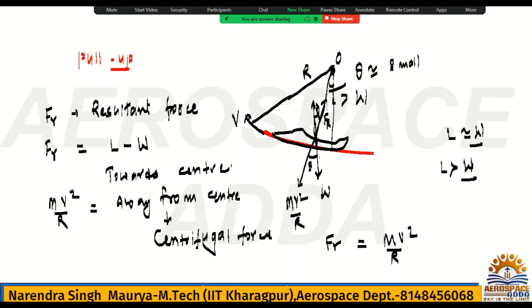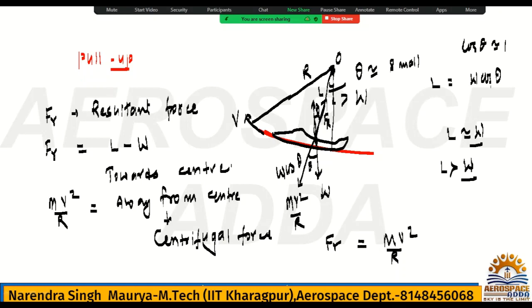Yes or no? Here this is W, so this will be W cos theta. Now better, no? So L is W cos theta because lift will be in this direction. Because theta is very small, cos theta will be approximately 1.